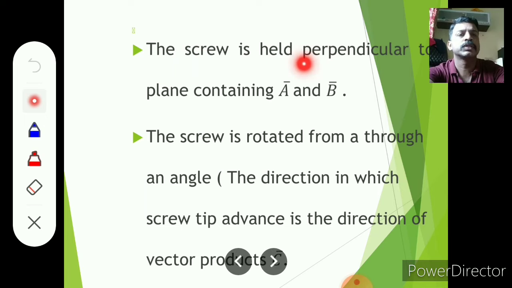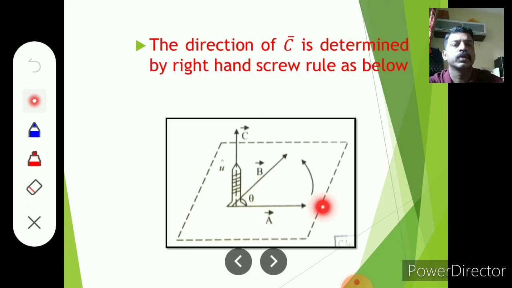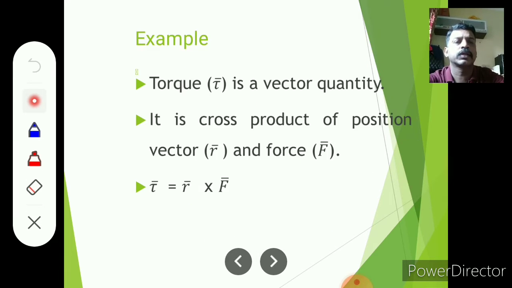The screw is held perpendicular to the plane containing A and B. The screw is rotated through an angle, and the direction in which the screw tip advances is the direction of the vector product. So if we rotate the screw from A to B, the screw will move in the forward direction, in the direction of the arrowhead. In this way we find the direction of the resultant vector.